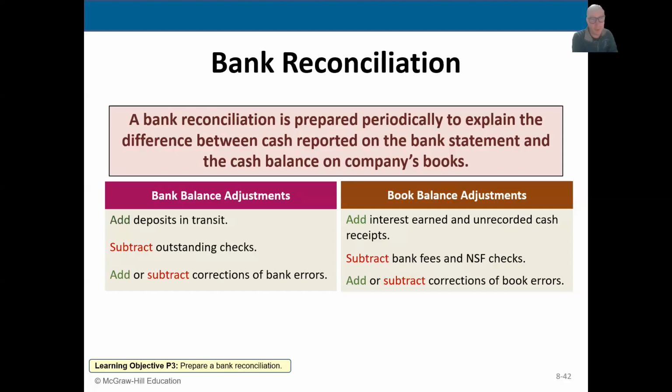So your bank will charge you a fee, and the customer will also get charged a fee on their side. Or if you don't have enough money in your account, you'll get charged a fee. And then, of course, we need to add or subtract any book errors. So that's how we do bank reconciling.